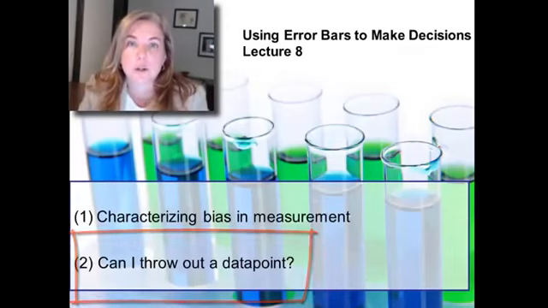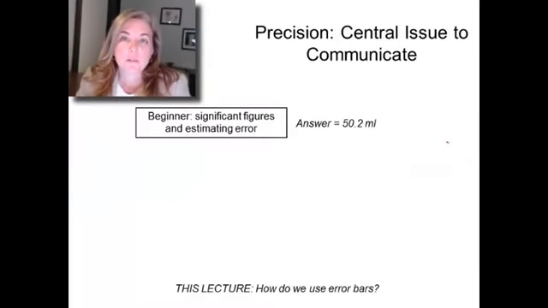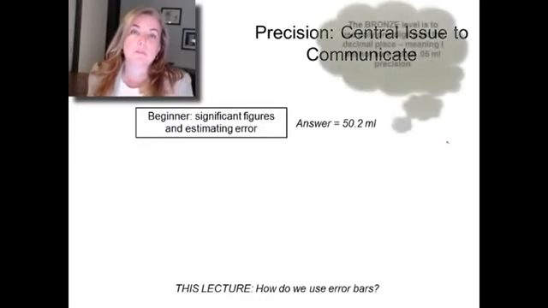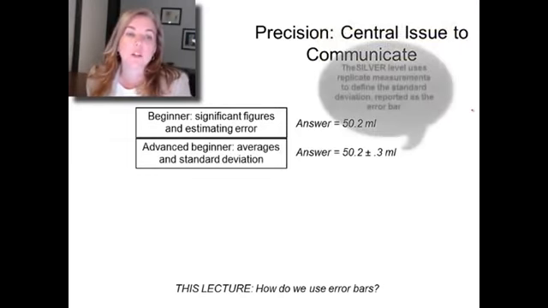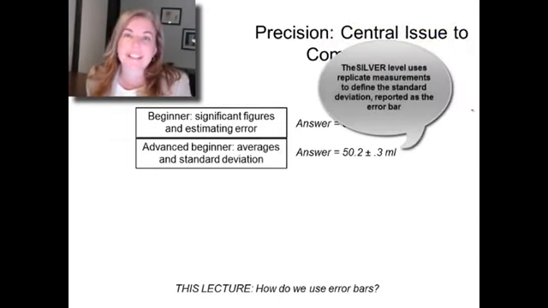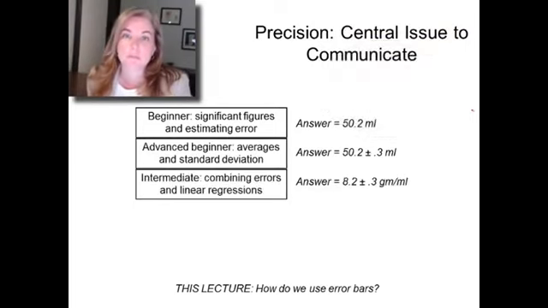So just to review where we've been, precision is a central issue to communicate when you communicate the results of a measurement. We learned about significant figures and instrument tolerances as a shorthand way to convey to a reader how much information and how much precision might be in a number you're providing. Then we learned about doing replicate measurements and taking the standard deviation and using a plus minus bar, which we call the error bar or uncertainty, to convey the spread in the measurements.